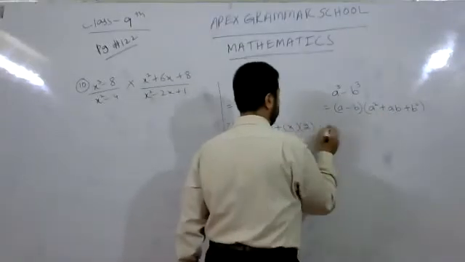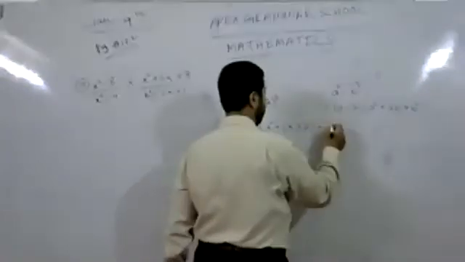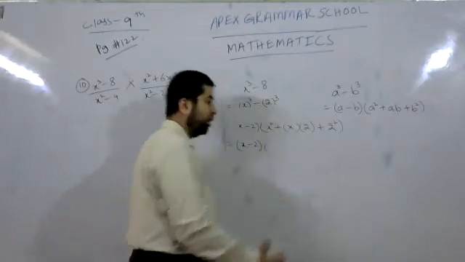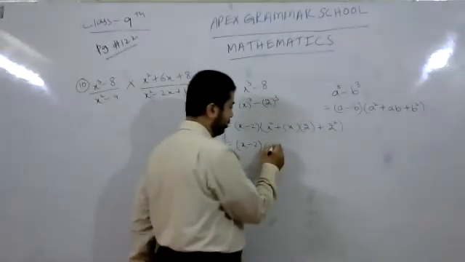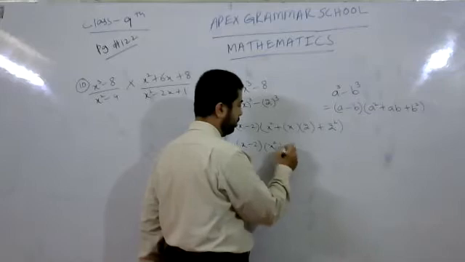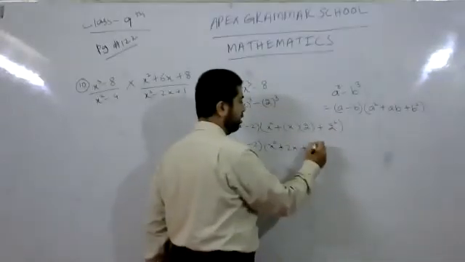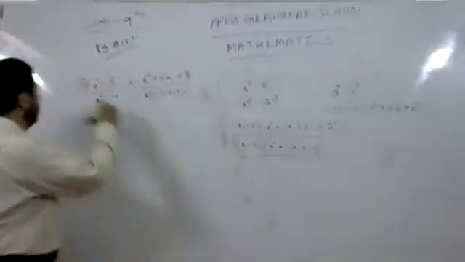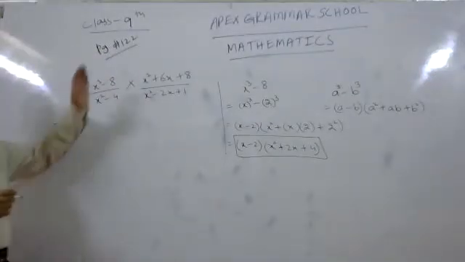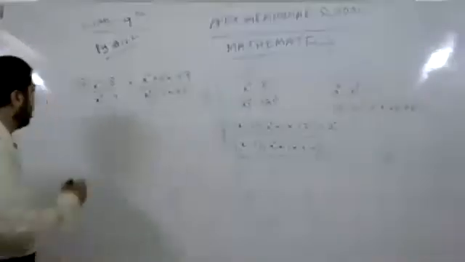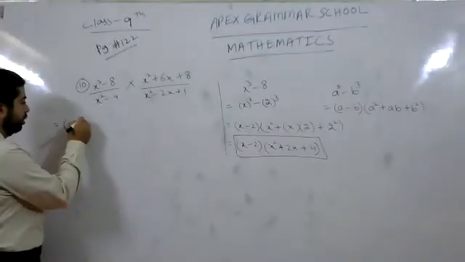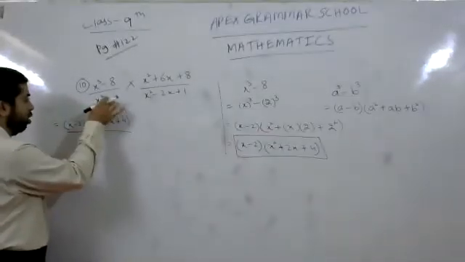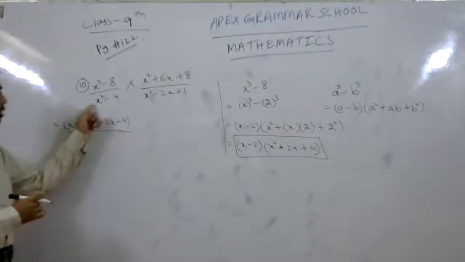After that, plus sign and then b square, we need to say 2 square. Now, this is x square plus 2x plus 2 square, that is 4. And that's it. So instead of writing x cube minus 8, we need to write x minus 2 into x square plus 2x plus 4. And in the denominator, again, it's the same thing, x square minus 4.